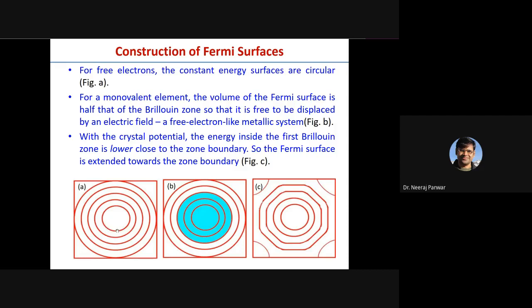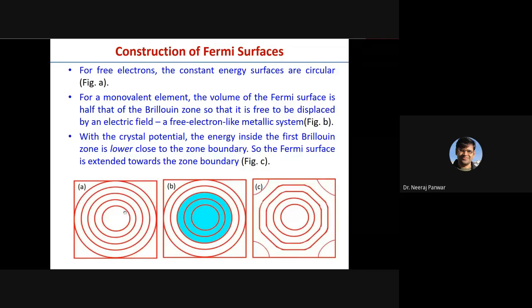So if we have the free electron model in 3 dimensions, it would be a sphere, and in 2 dimensions it would be represented by a circle, and this square shows the first Brillouin zone boundary. Depending upon the concentration of electrons, we may have the electrons filled up to the periphery of this circle, or up to this circle, or like this.